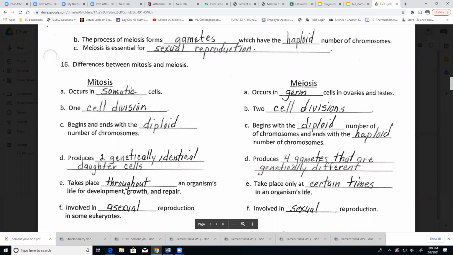So that's all your different body cells, and it's just one cell division. So it begins and ends with diploids. So for us, it starts with 46 and it ends with 46. You're going to end up with 2 genetically identical daughter cells.